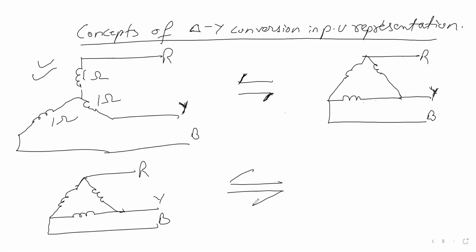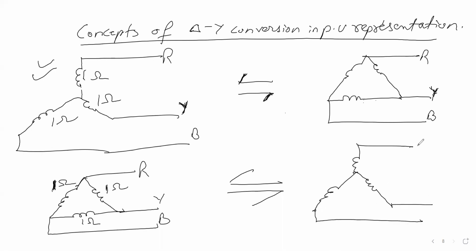Anyone could say what will be the delta equivalent of this circuit or star equivalent of this circuit, I'm giving all values similar. Okay, let's take 1 ohm, 1 ohm, and 1 ohm. Can anybody tell me? Yeah, so the delta values are 3 ohm, 3 ohm, 3 ohm.